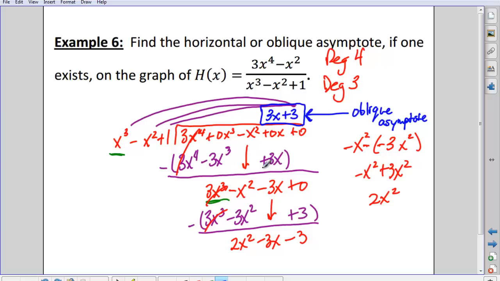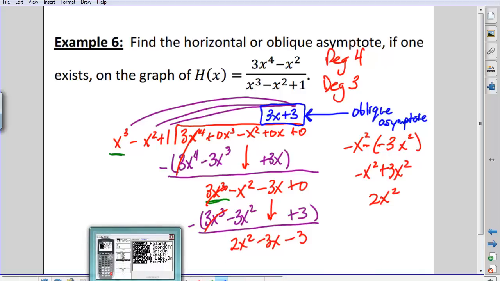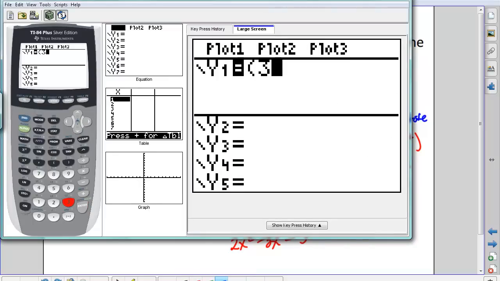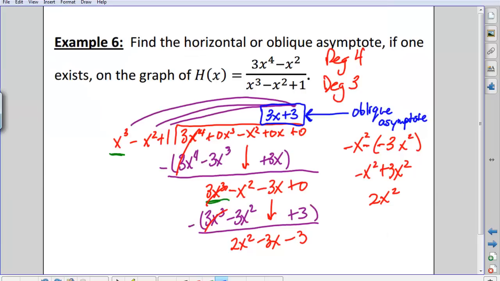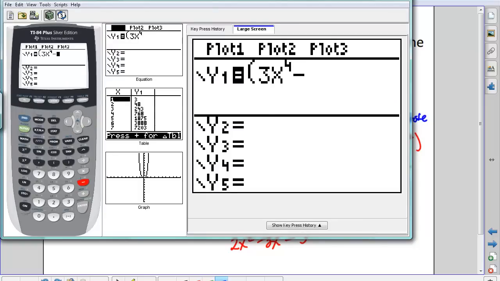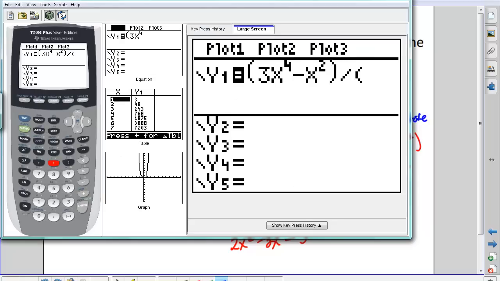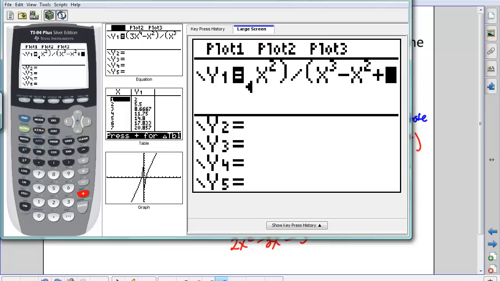And you can verify this as well. You can actually check your work with a graph. You need to graph the original function. So let me get that plugged in. 3x to the fourth minus x squared plus 1, all over x cubed minus x squared plus 1.